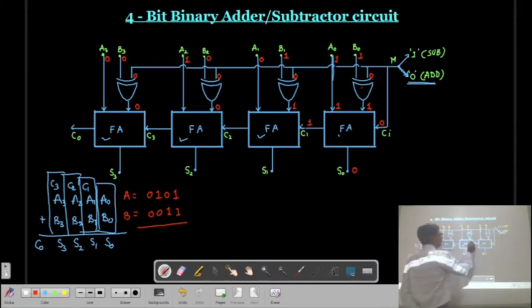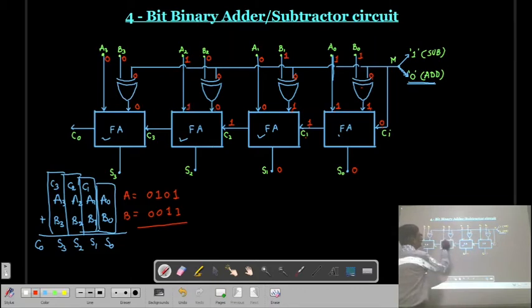Again now if you look at this, here for the second full adder circuit, this input is 1. Now this A input is 0. So 0 plus 1 will be a 1 and 1 plus 1, this carry input is there. So the sum is going to be 0 and again it generates this carry. Okay, for the third full adder circuit, this input is 0.